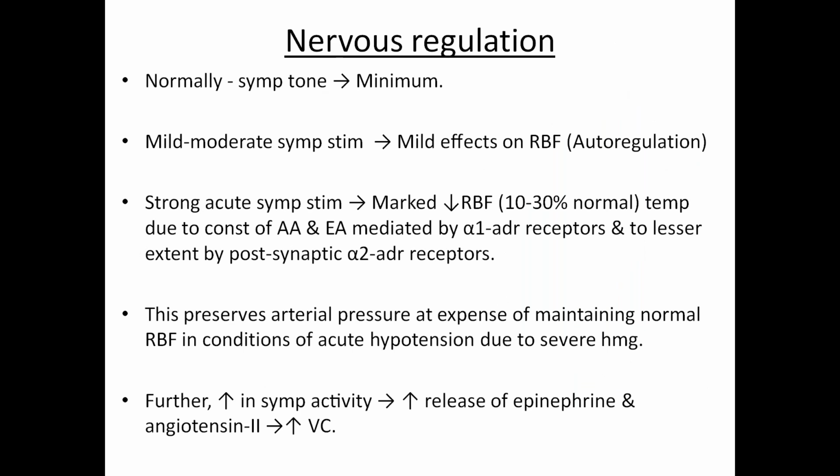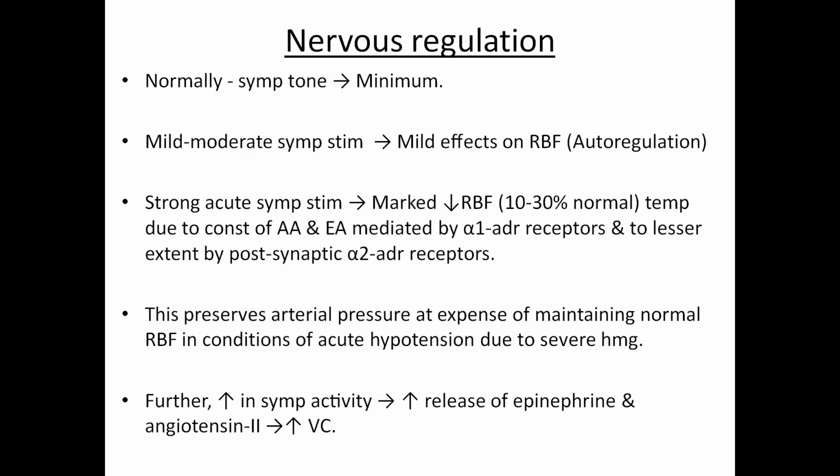Some other hormones which can actually change GFR and RBF include norepinephrine, which causes intense vasoconstriction of both afferent and efferent arterioles. Angiotensin II in low concentration can cause predominant constriction of efferent arterioles.